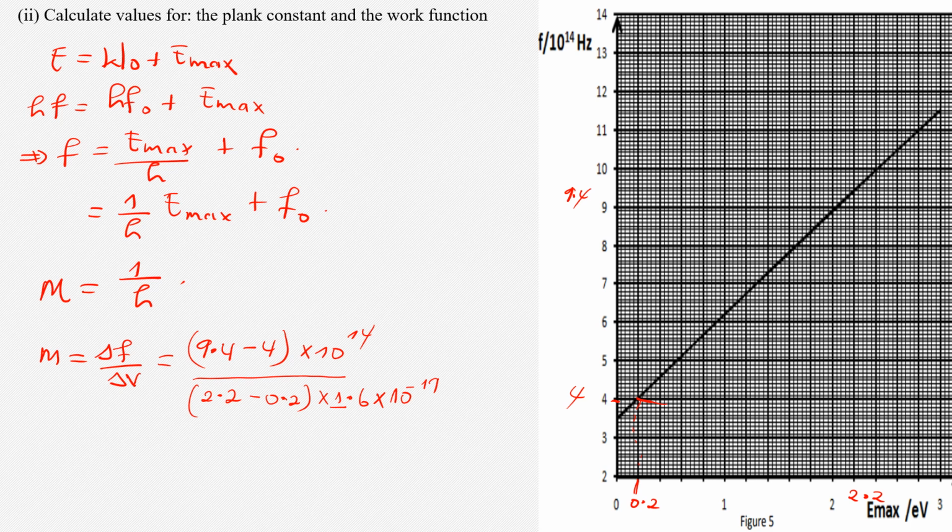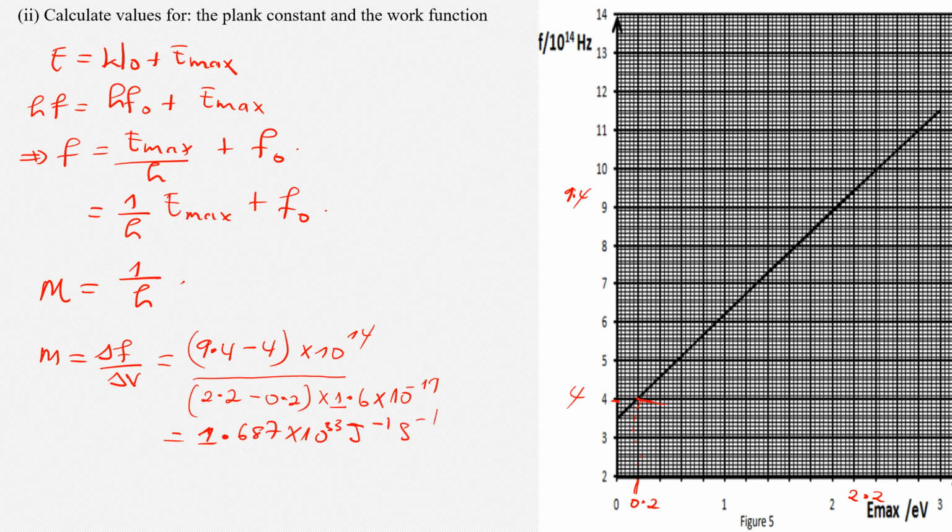It gives us 1.687 times 10 to the power 33. This is hertz, that's per second, and what is down is the joules, so it's per joules per second.